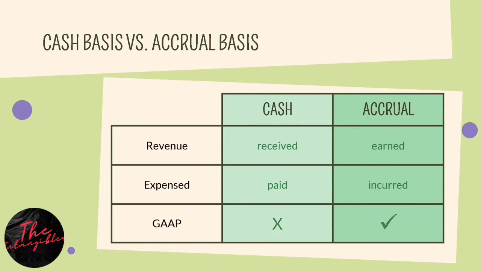For example, a company operating under accrual basis of accounting will record a sale as soon as it issues an invoice to a customer, while a cash basis company would instead wait to be paid before it records the sale. Similarly, an accrual basis company will record an expense as incurred, while a cash basis company will instead wait to pay its suppliers before recording the expense.